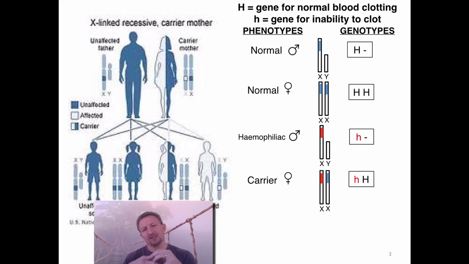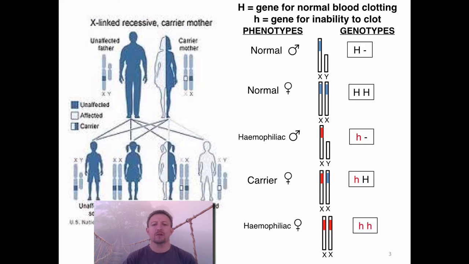The result is that she's a normal blood clotter. However, in the very worst case scenario, if you had a hemophiliac male who mated with a carrier female, you could get a hemophiliac female. She would have to be homozygous recessive for that gene, which means she would have two recessive genes, which basically means she couldn't blood clot at all.